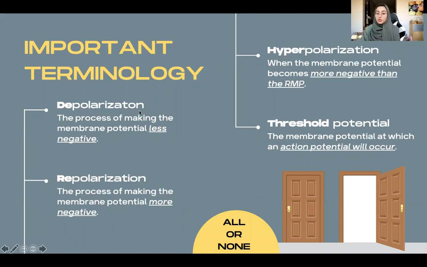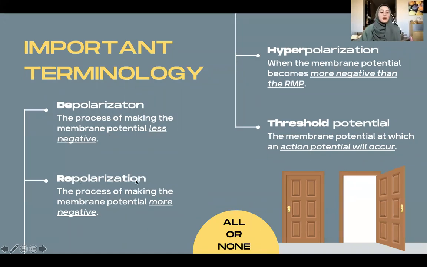So when I tell you I'm depolarizing the cell, the prefix D means to remove. So to remove polarization. That means you're making it less negative, okay? Just to go over these terms. When you're depolarizing the cell, there is an influx of positive ions, which makes it less negative, okay?